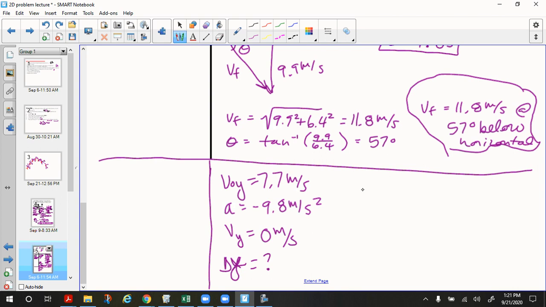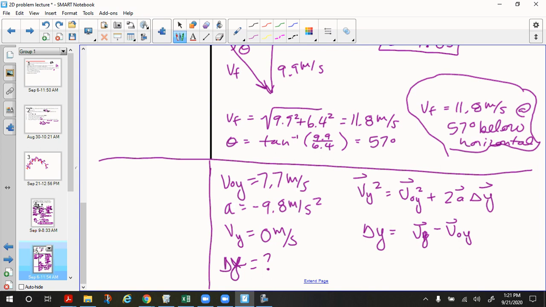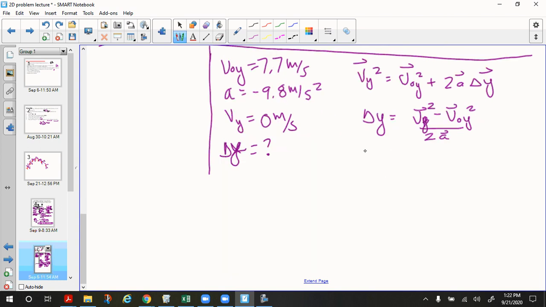So then we're going to use this equation: V final squared equals V initial squared plus 2a delta y. And we're going to solve for delta y. So delta y is equal to V final squared minus V initial squared over 2a. And then we can plug in numbers. 7.7 squared.